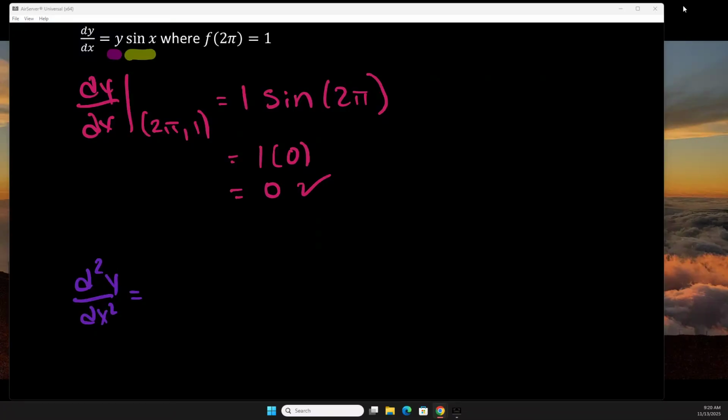So y, you don't need dy dx, so it'll just be y. And then what's the derivative of sine? And it's not plus this time. So it's going to be y times cosine. Okay, and then it's plus. Leave sine alone and multiply by the derivative of y.